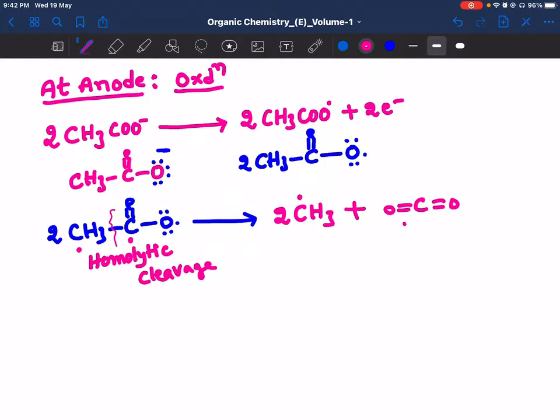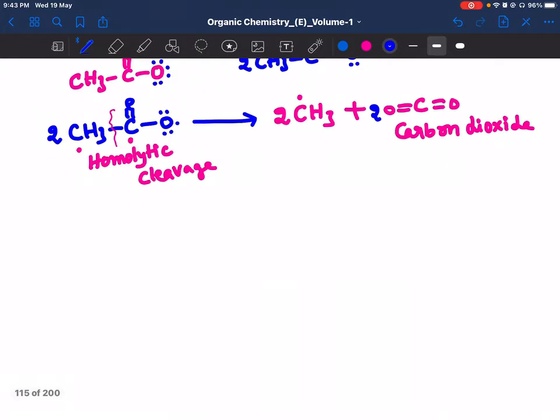Here I have taken two molecules, so I get two carbon dioxide molecules and two CH3 radicals. Now those two CH3 radicals combine together and give ethane, CH3 bond CH3.